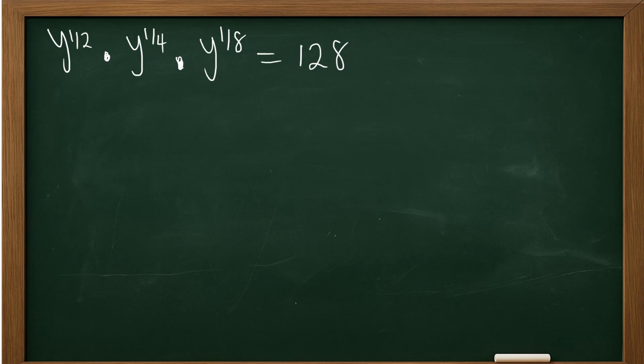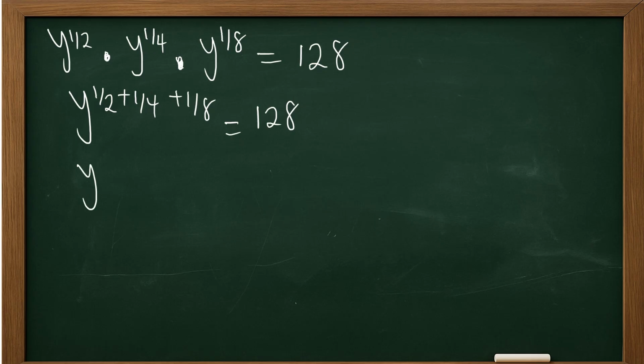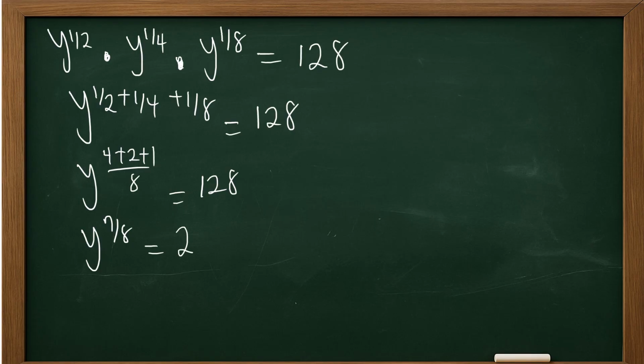Simplifying this using the law of indices, I'm going to have y to the power of half plus 1 over 4 plus 1 over 8 equals 128. And here you can have y to the power of 4 plus 2 plus 1 over 8 equals 128. So here I'm going to have y to the power of 7 over 8. 128 can be written as 2 to the power of 7.